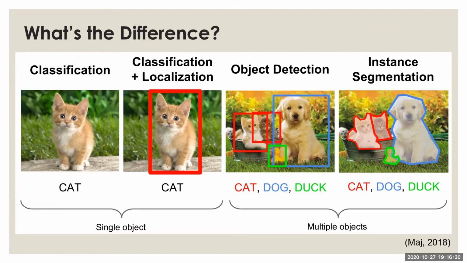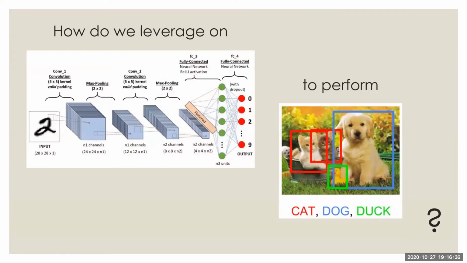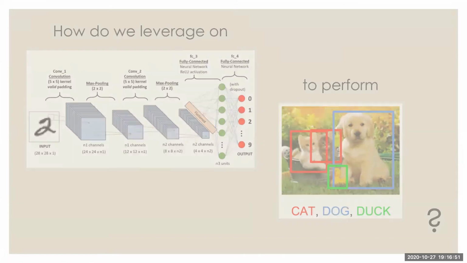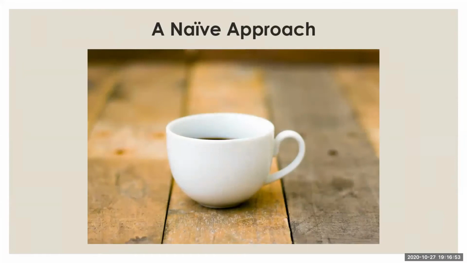Okay, so we have the CNN, right? We have a tool which allows us to classify objects. So the question now is, how do we leverage CNN to perform object detection? Some of you might already know the naive solution. Imagine you have a picture, let's say of a cup, and we want to detect the presence of an object in this image.